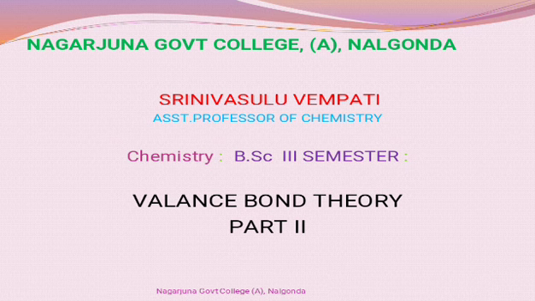Then we discussed Werner theory of coordination compounds. This theory is explained by taking examples: cobalt chloride ammonia complexes, hexamine cobalt chloride.